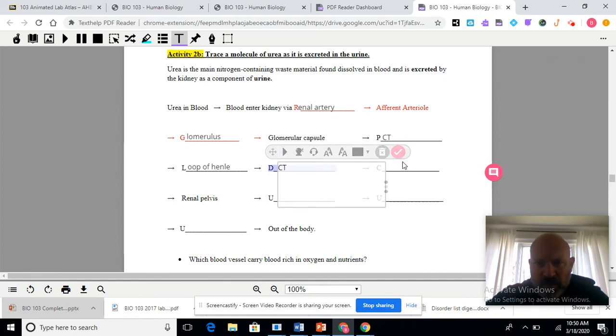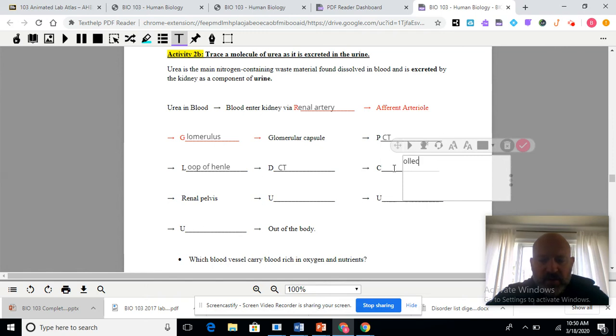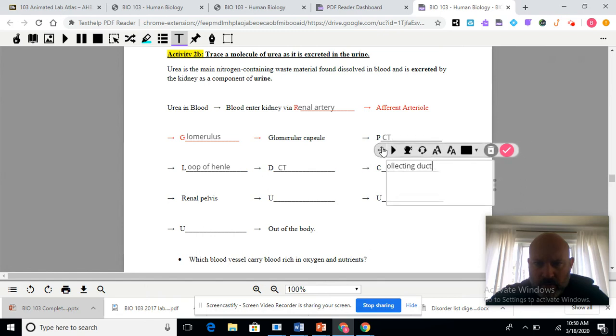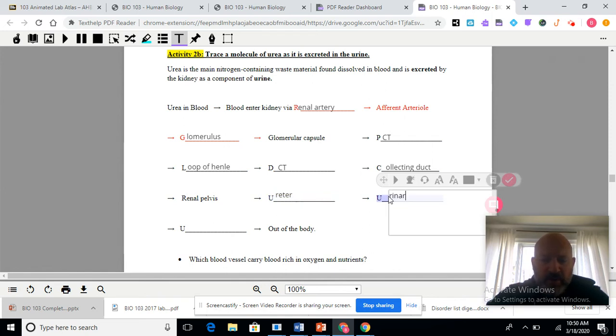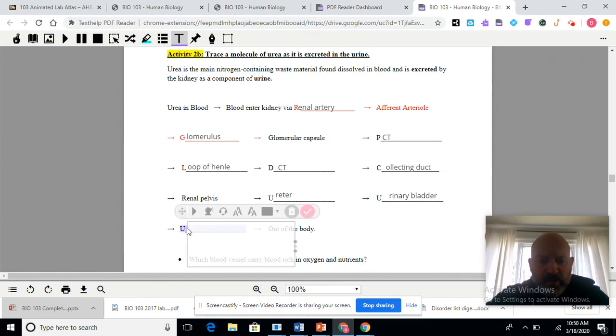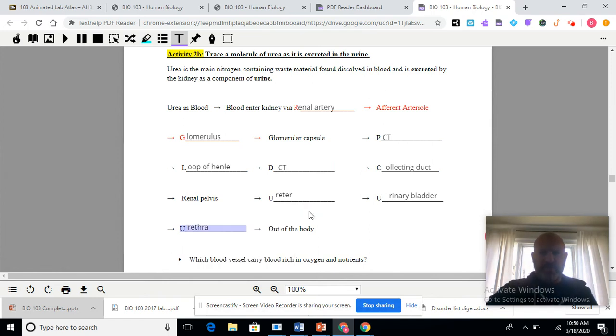And then to the collecting duct, which will send us to the renal pelvis. The renal pelvis will direct us to the ureter. The ureters will bring us down to the urinary bladder. And then from the urinary bladder, we go into the urethra, and that's going to deliver us outside the body.